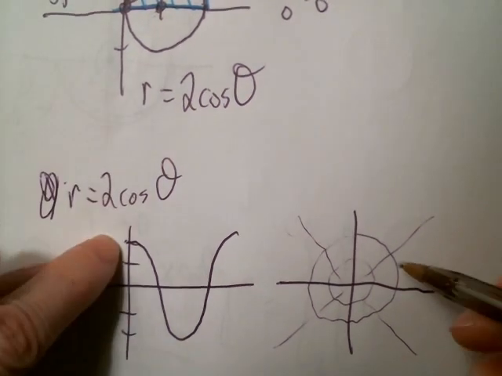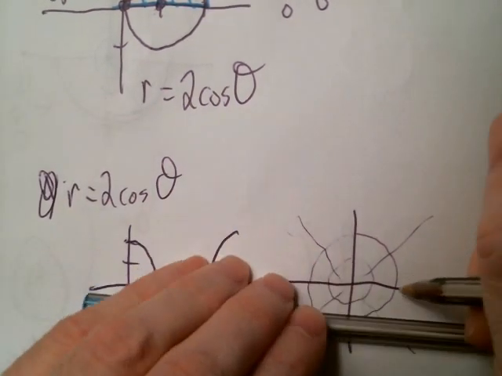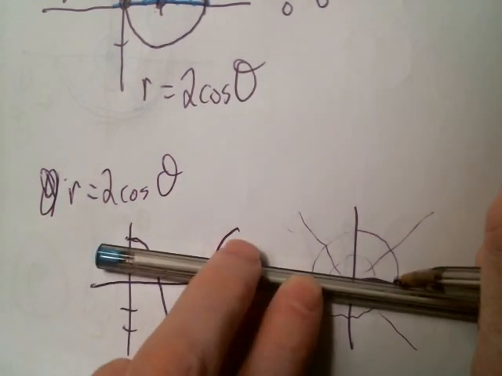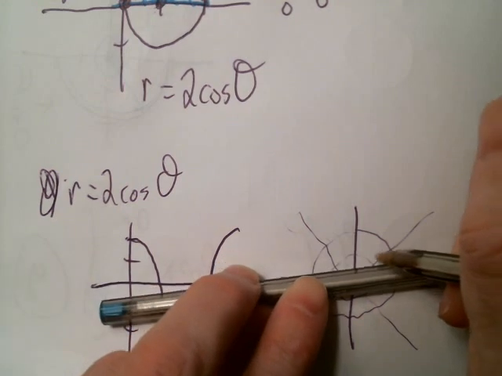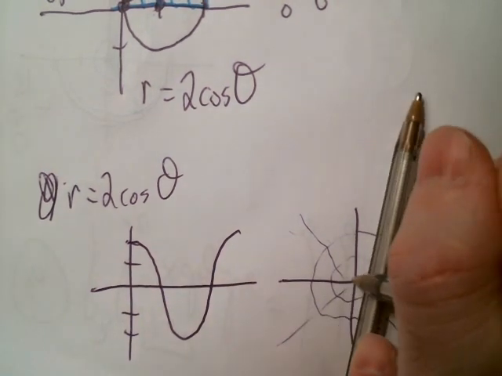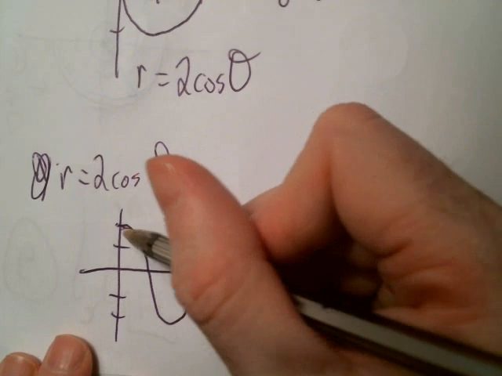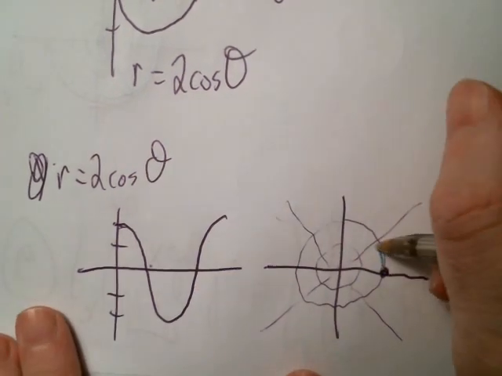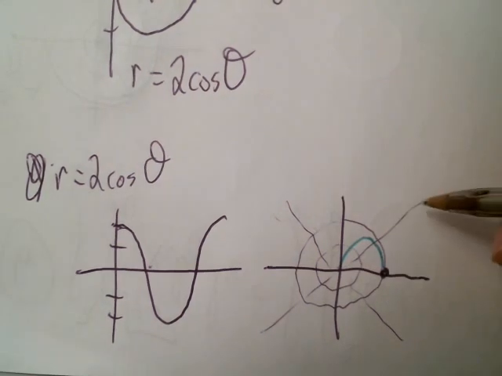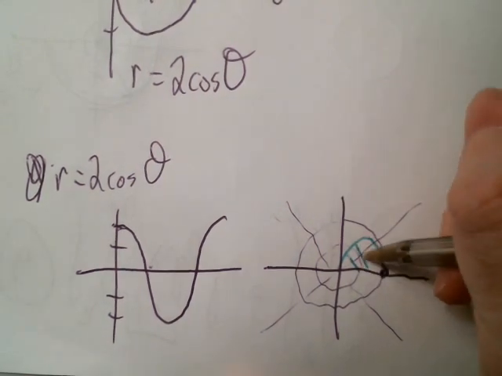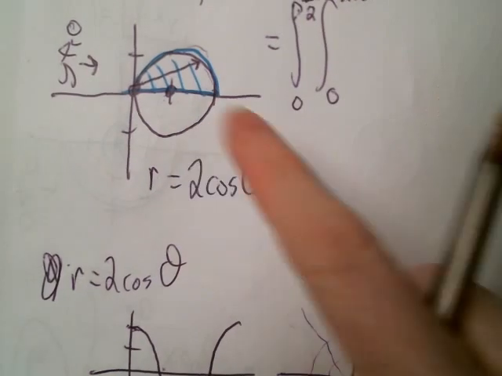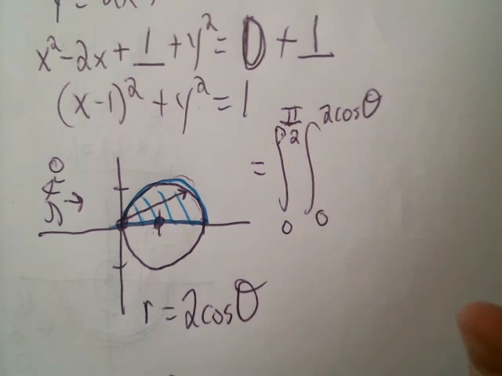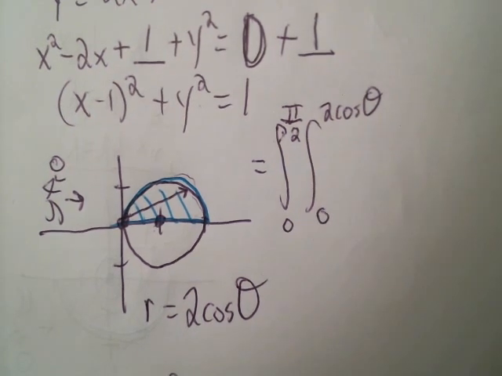I'm starting out at 2, and then it's dying down to 0 at pi over 2. From here to here, I put it in a different color, it's going like this, and that traces out the upper hemisphere of this circle. A lot of people would put 0 to pi or 0 to 2 pi, and they would be wrong. It's 0 to pi over 2.